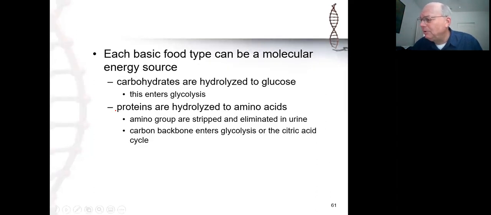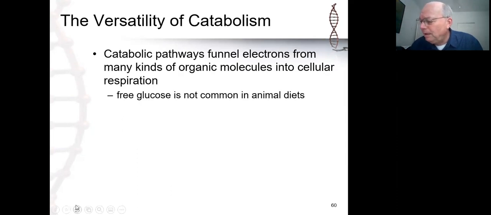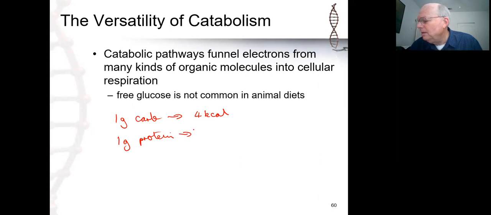If we think in terms of carbohydrates, 1 gram of carbohydrate is equivalent to 4 kilocalories. 1 gram of protein is also equivalent to 4 kilocalories. 1 gram of fat is equivalent to 8 kilocalories.